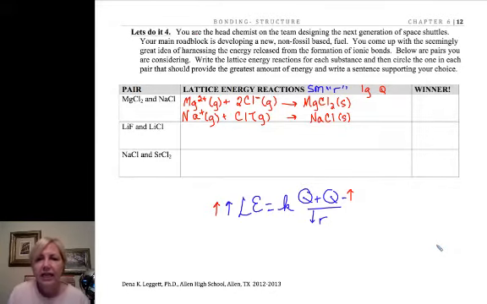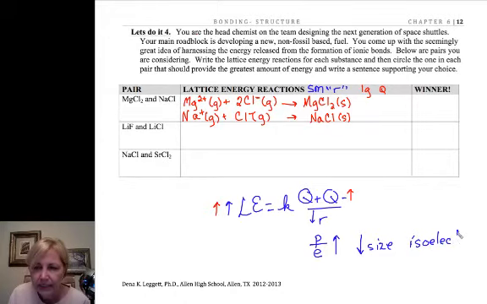Now, let's take a look at our comparison of lattice energy here. If you look at the periodic table, remember a couple of days ago we did the proton to electron ratio, and if you increase the proton to electron ratio, you decrease the size. For isoelectronic substances, which magnesium and sodium ions are, the radius of magnesium is less than the radius of the sodium ion.